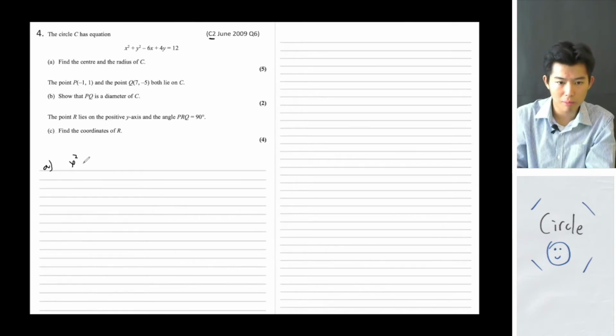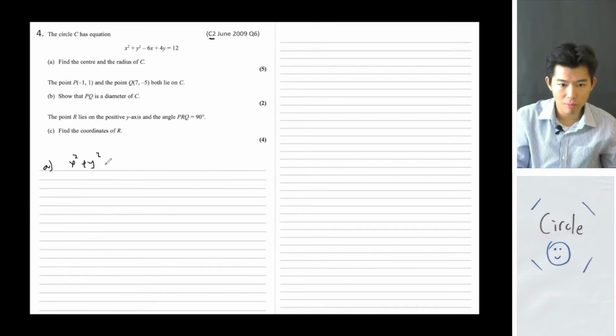So x squared plus y squared minus 6x plus 4y equals 12.